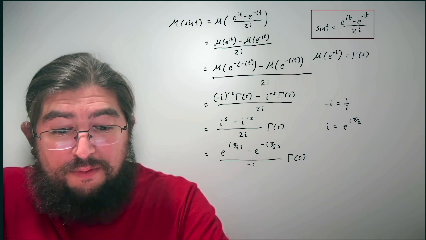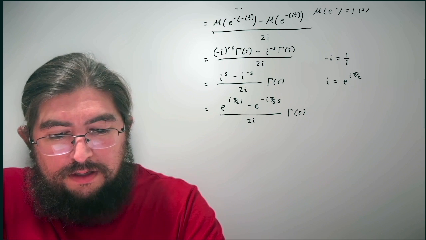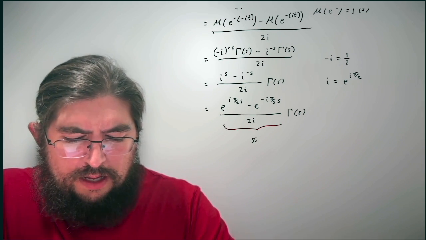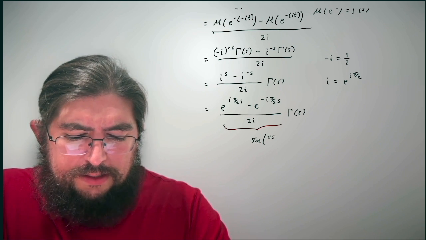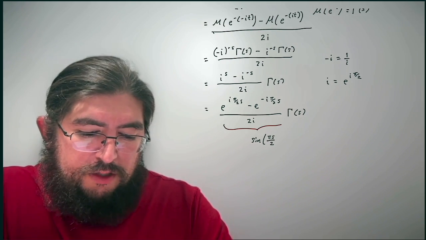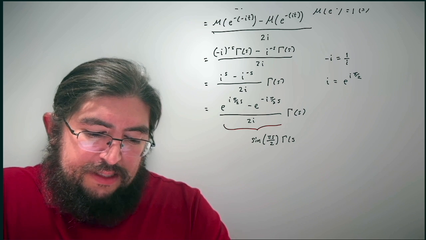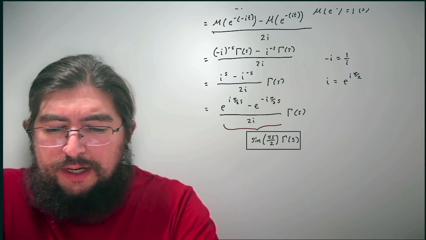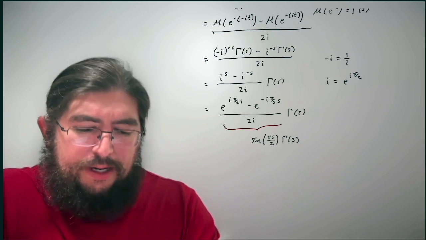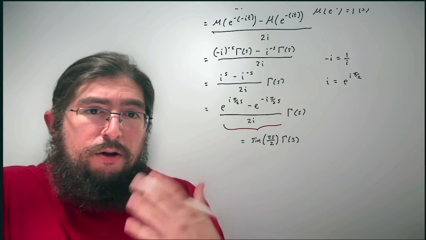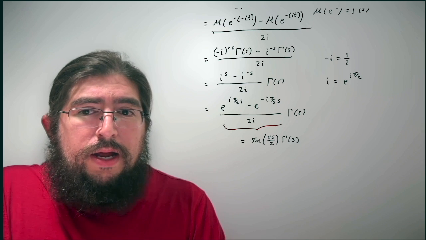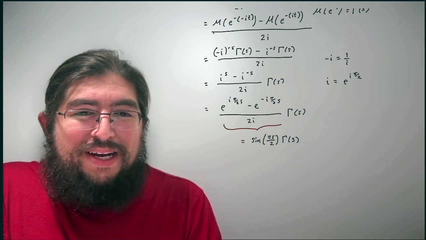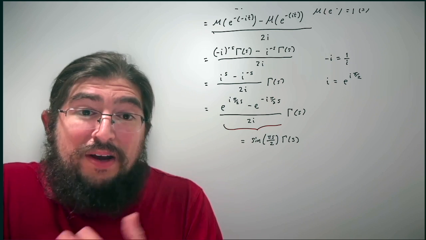So in fact, this is sine of pi over 2 s, or pi s over 2 if you will, times gamma of s on the outside. And there we go. This is the result. I guess I should box the whole thing, but I'm not going to do that because I'm going to write all the properties right now, and then we'll talk about how we can use this and other things that we can recall from previous videos I've made to finally show you the proof of the functional equation.